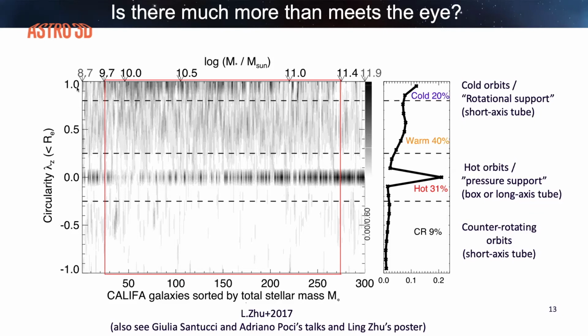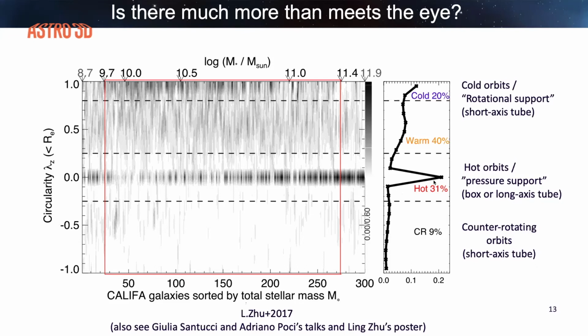And we have circularity, which is explained better in Adriano's talk, but they're also giving some explanations of what these different orbits mean. What we see clearly is that in most galaxies, there's a clear hot component, or a pressure supported component, if you like. And in most galaxies, there's also a clear population of cold orbits. But there's also a very significant warm component in many galaxies.